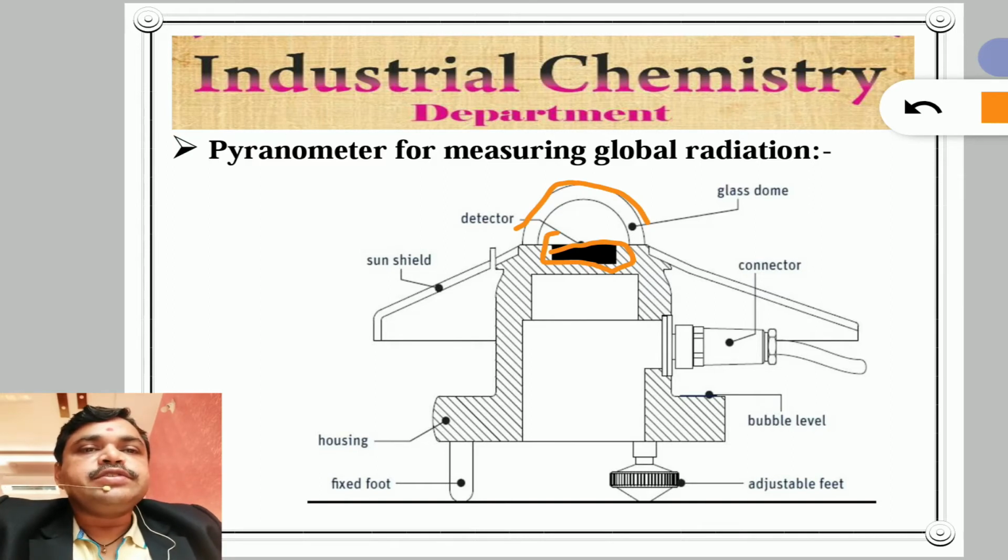Next is the sun shield, which is supporting the instrument. Next is the connector, which records the sun radiation, and this connector is connected with other electric instruments.